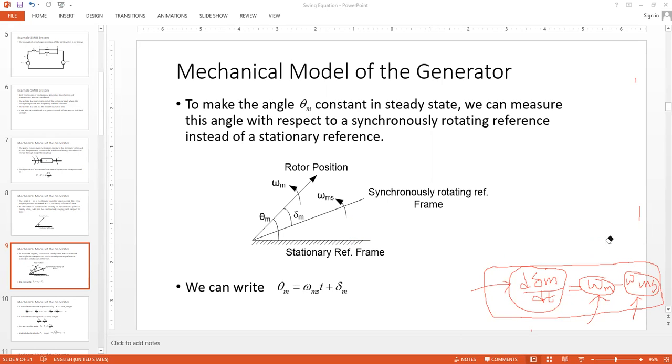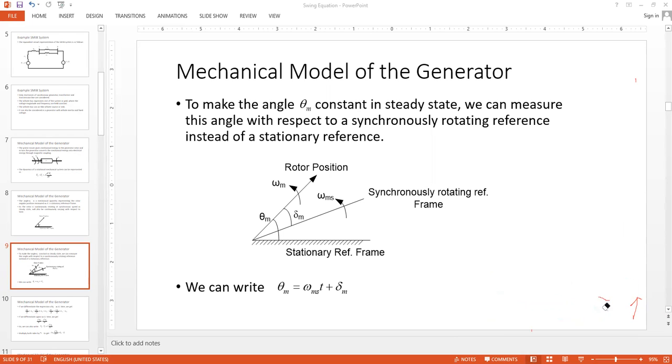So we have seen that we can relate this theta m and delta m. We can have the derivatives calculated for this theta m and delta m. Now let's move on.